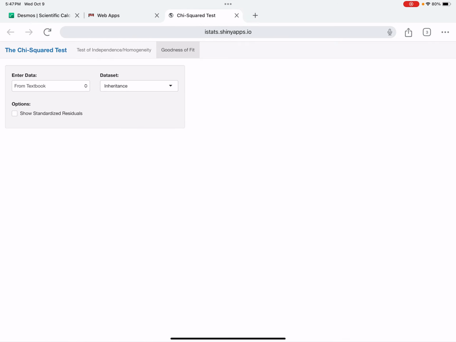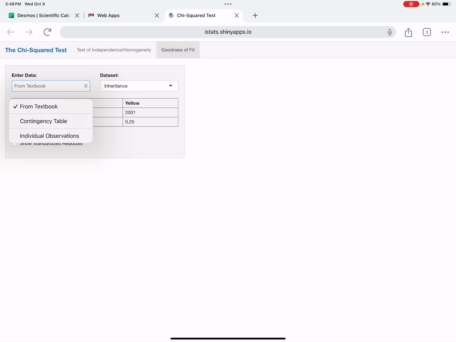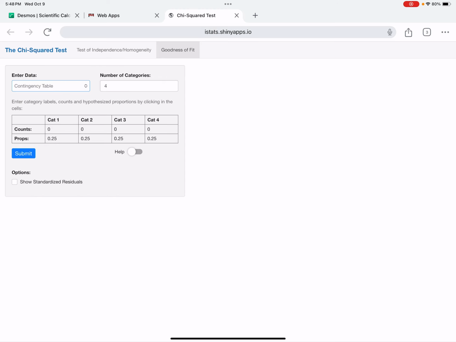Okay, so we want a goodness of fit test. We'll do our own contingency table. We have 4 categories this time: Northeast, Midwest, South, and West.